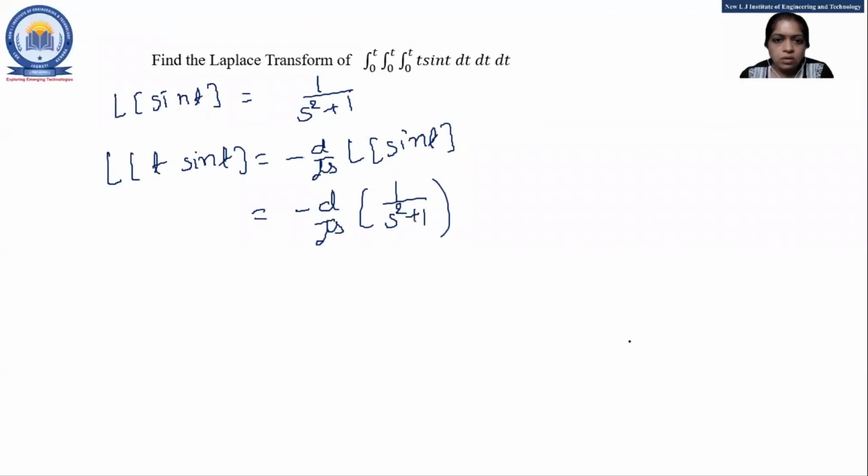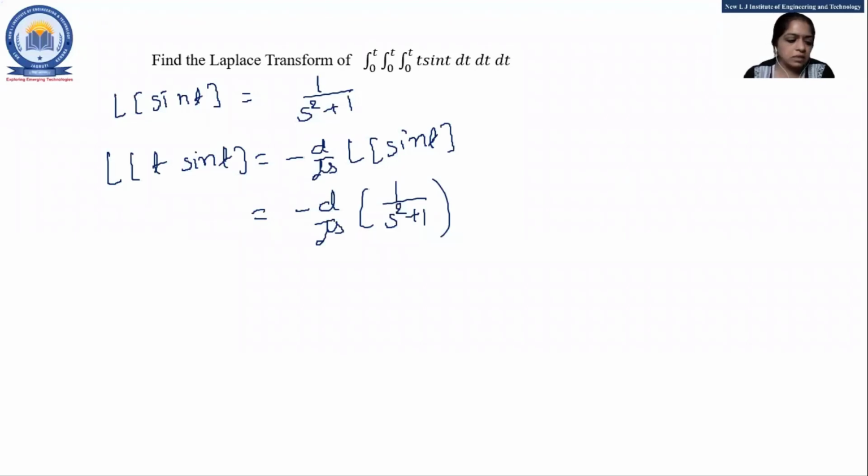Yes, very good. Many students have given answers in the chat box. Most of the students have given the answer 2s upon s square plus 1 the whole square. 1 to 2 students have made a minor mistake, they wrote the minus sign, but in this case minus minus is plus, right?